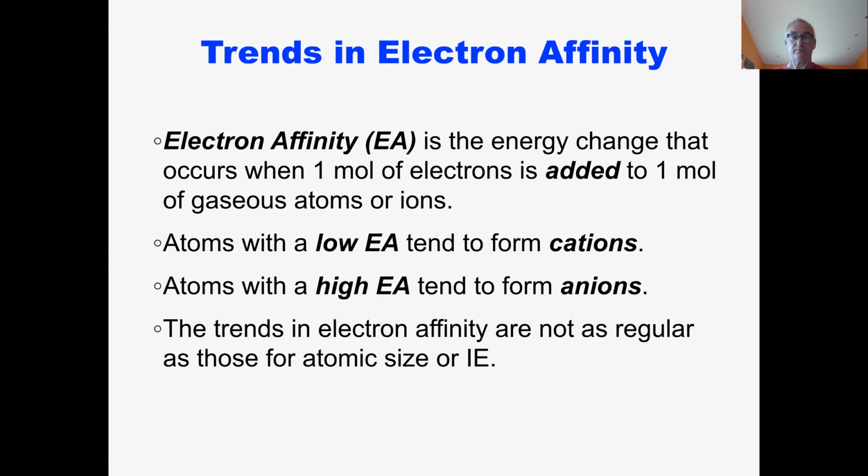toward them. And so as you see on the bottom, the trends for electron affinity aren't quite as regular as those for atomic size or ionization energy, because as we go across, remember when we get to the transition metals, they undergo all sorts of weird electron transitions. They can put electrons in a lot of different places.